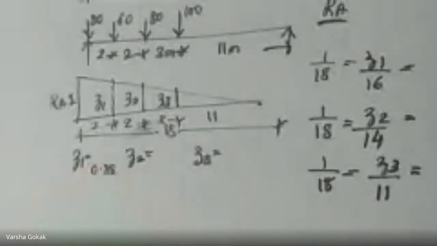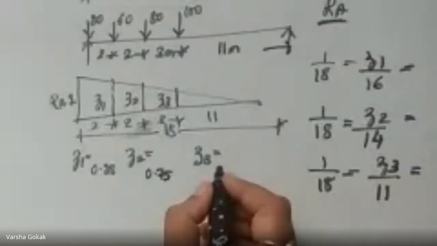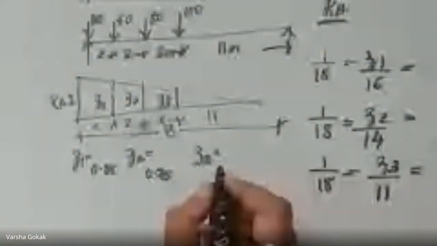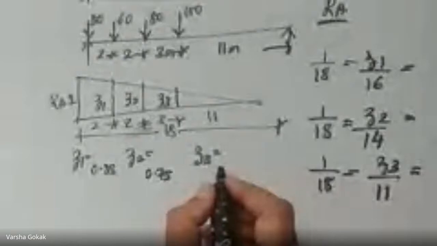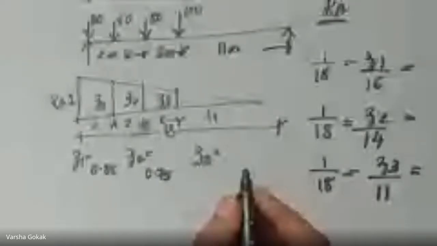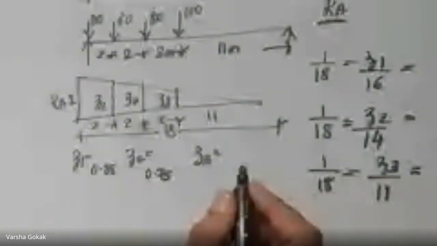Okay, Z2 is 0.78. Z3 is 0.61, or 0.67? 0.61... 0.61. 0.67. Okay. The video is not hanged, is it?